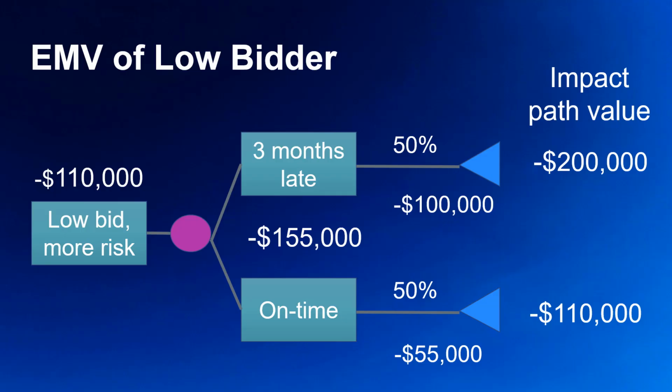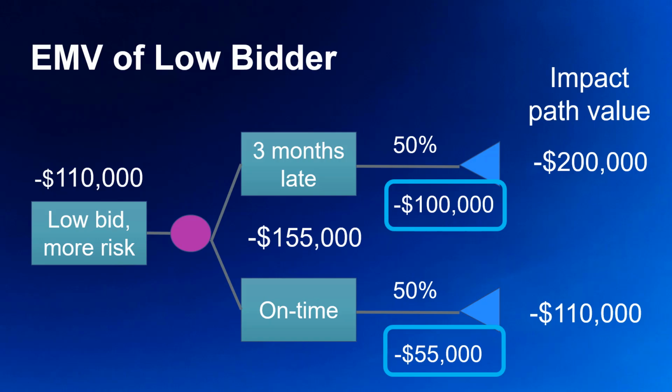Here we are. I've already filled in the numbers. We can see each EMV based on the chance of being late or on time. Minus 100,000 there for the top and minus 55,000 at the bottom. And if you look at the numbers that are around it, you can already see, oh yeah, that goes from right to left. I have 200,000 at the top right times 50% gives me the 100,000, and I have a minus 110,000 at the bottom right times 50% gives me 55,000.